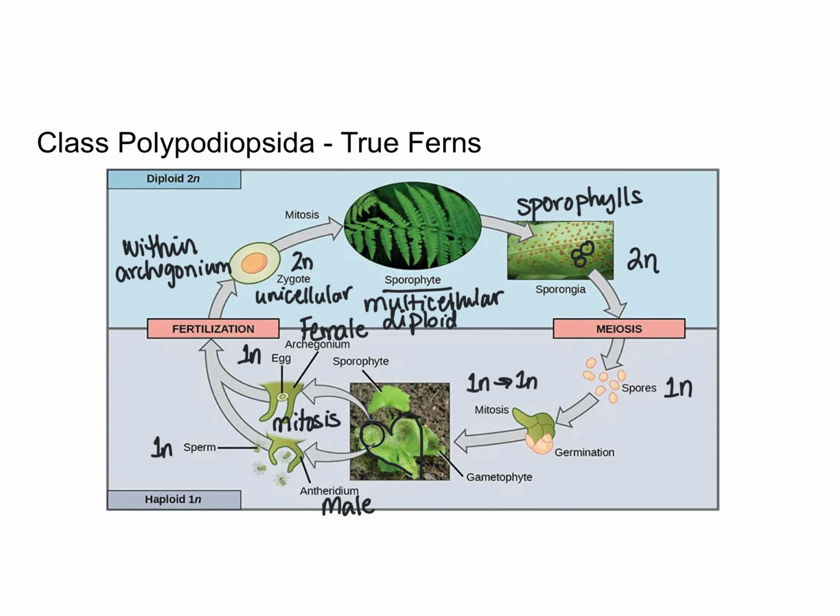The zygote is then going to go through mitosis during embryonic development, producing more diploid cells to then produce a new sporophyte, and then the cycle continues.